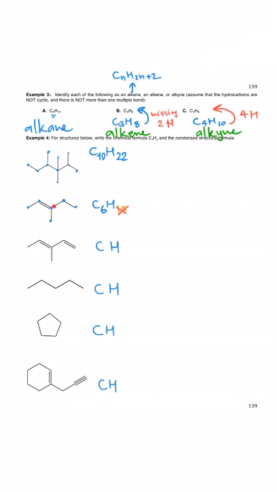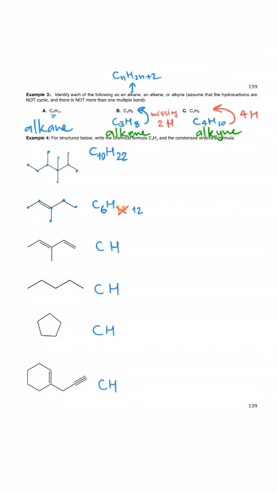This molecule contains one double bond, and we saw previously that every time you introduce a double bond, you will need to get rid of 2 hydrogen from the alkane. Therefore, the correct number of hydrogen would be only 12. So it would be C6H12, because we get rid of 2 hydrogen from the alkane structure since we introduce one double bond.